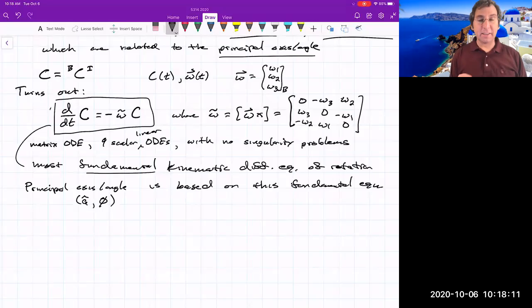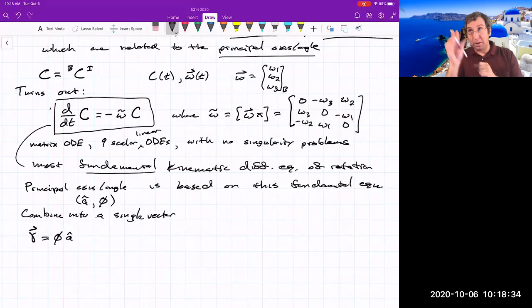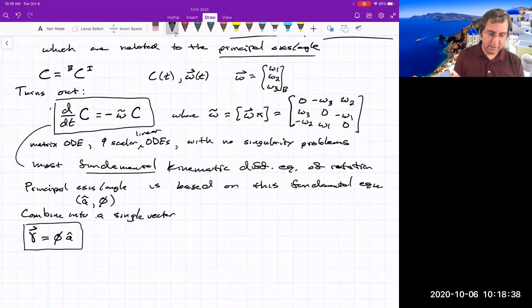And we're just going to combine these into a single vector, which maybe has a name, doesn't really matter. I'm going to call it gamma, and gamma is the angle times this unit vector for the axis. Okay, so we've got this.